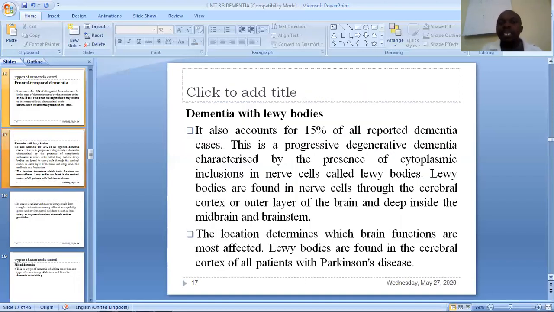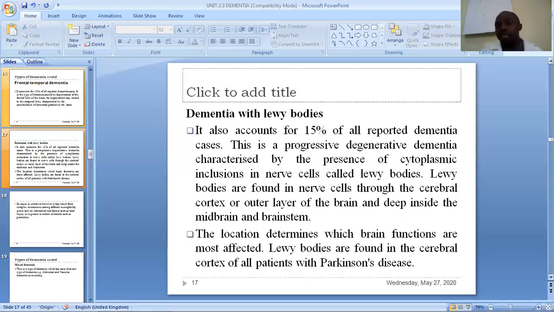There's also dementia with Lewy bodies. This one accounts for 15% of the reported dementia cases. This is a progressive degenerative dementia characterized by the presence of cytoplasmic inclusions in nerve cells called Lewy bodies.